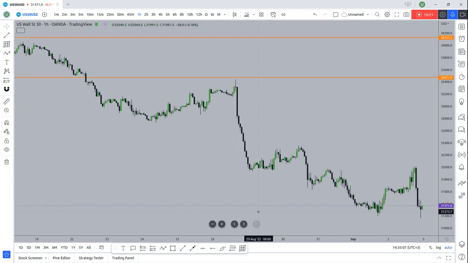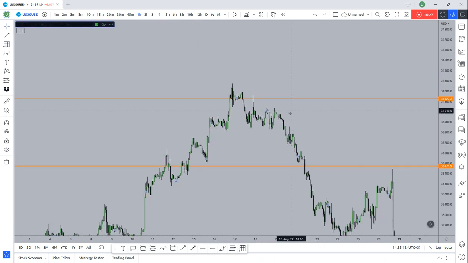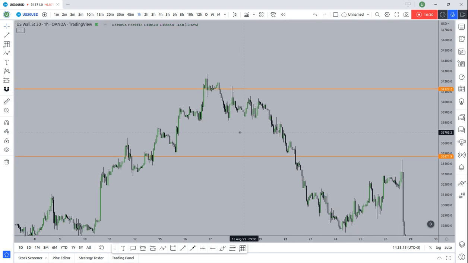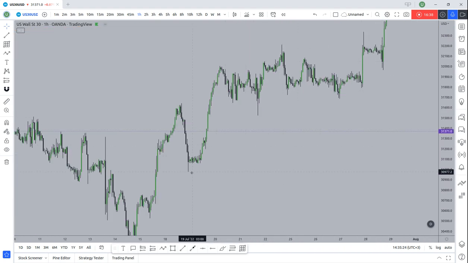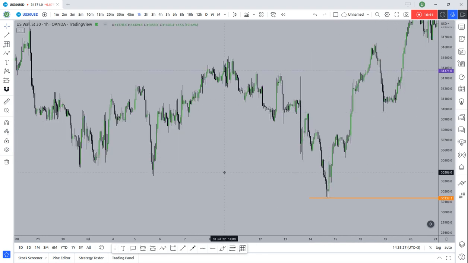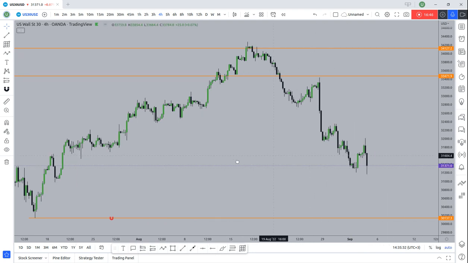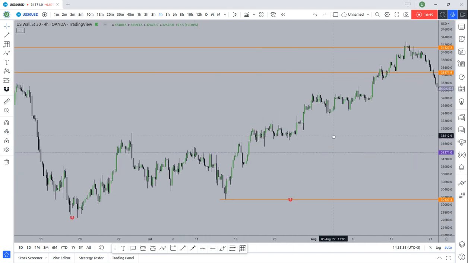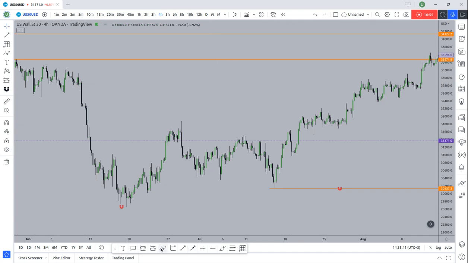Let me look for an example on H1. Do we have a smart money reversal here? No, this is not correct. Let me look on H4. All right, here we have it. You see price came all the way up, created a swing low, a swing high.